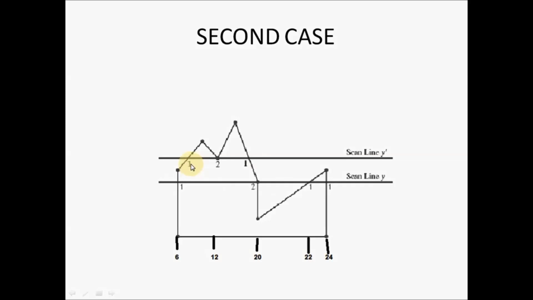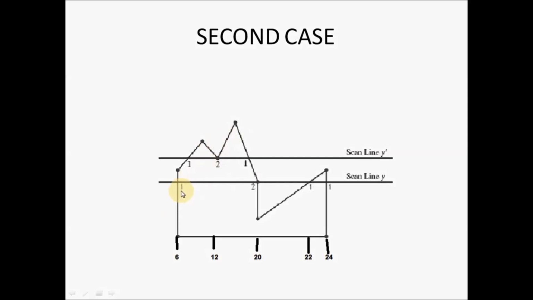That means at this intersection point one edge is intersecting, but at this intersection point two edges are intersecting. Here again at this intersection point one edge is intersecting, that's why 1 2 1. So total 3 intersection points, but I consider 12 one more time because two edges are intersecting.